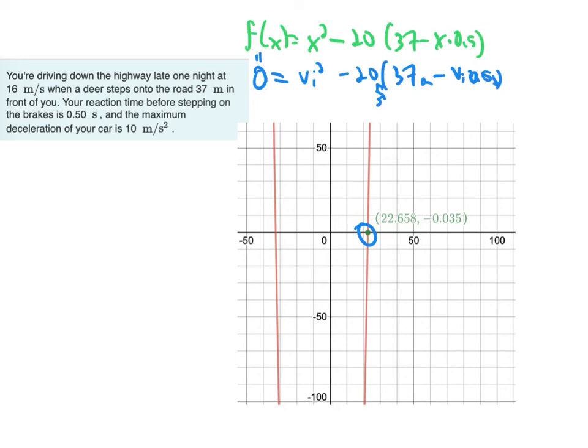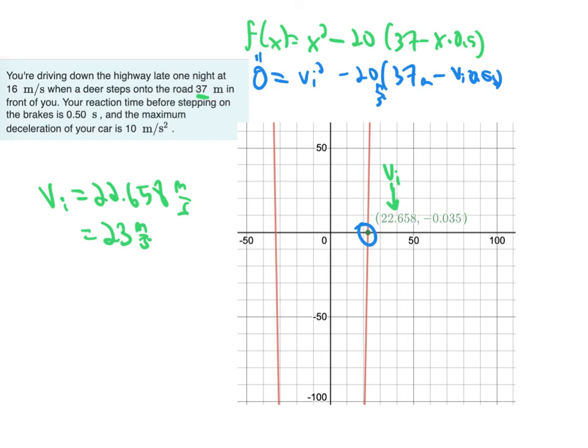And so we can see that our value of velocity would be this. So our best possible velocity before we hit is 22.658-ish meters per second. Wow, that's way too many sig figs. We have at most 2, so we should probably round to 2 places. So 23 meters per second, and that's what Mastering Physics wants.